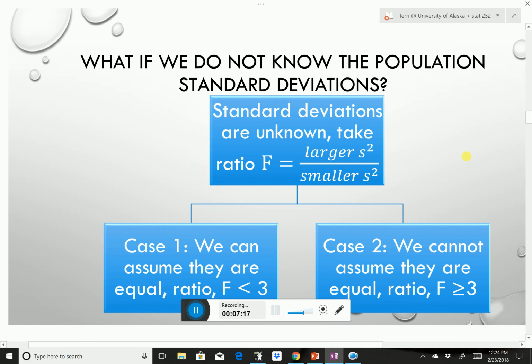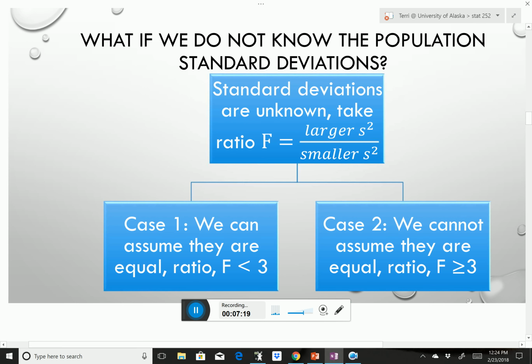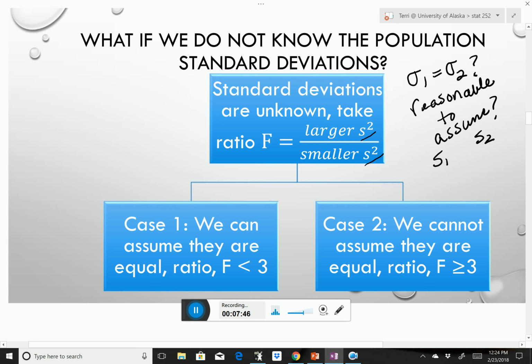So what if we do not know the population standard deviations? So in other words, we don't know if we can reasonably conclude this. Is this reasonable to assume? And to find out if that's reasonable to assume, we're going to look at the S squareds, because we're going to have an S1 and an S2, right?